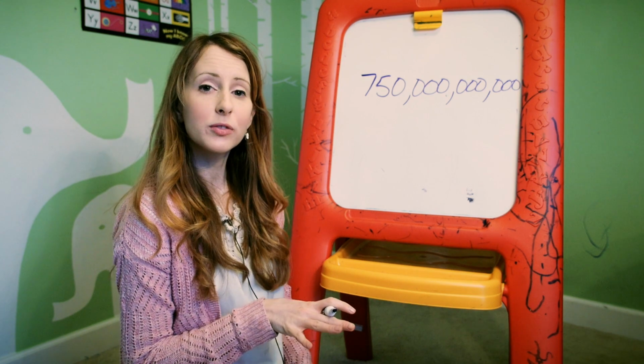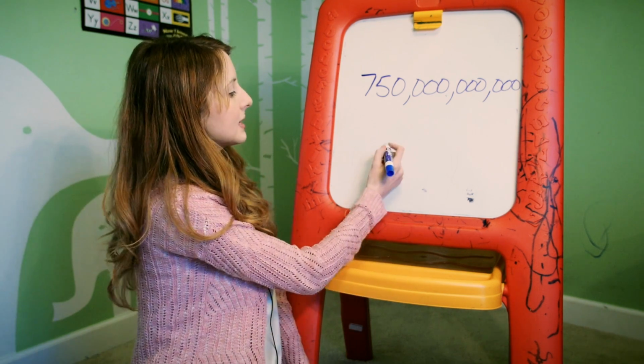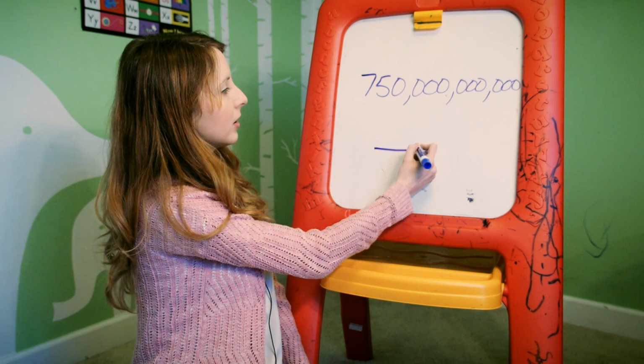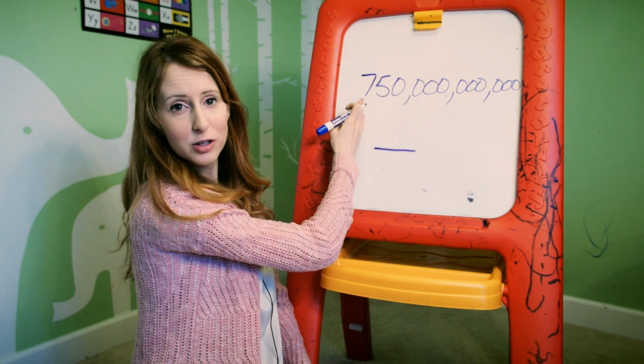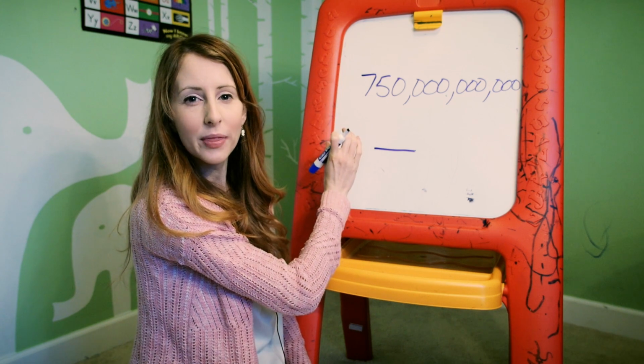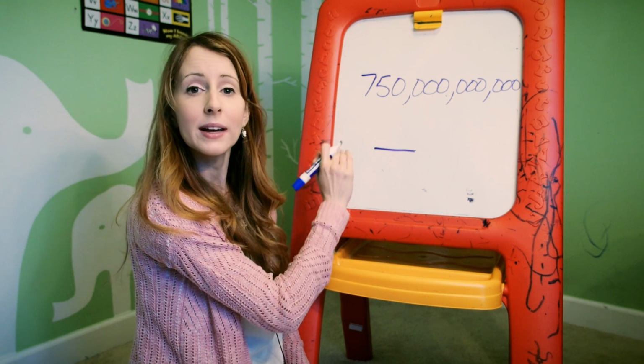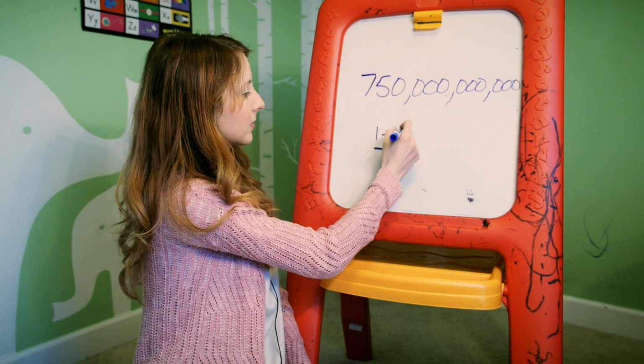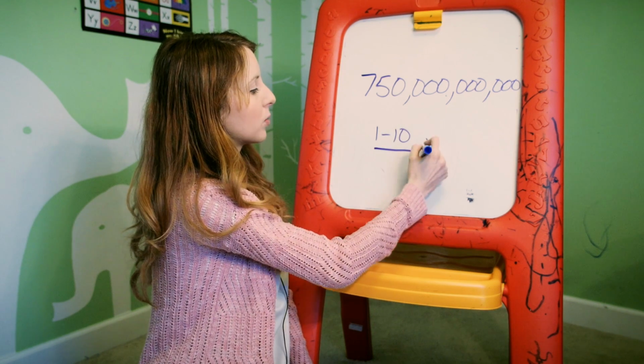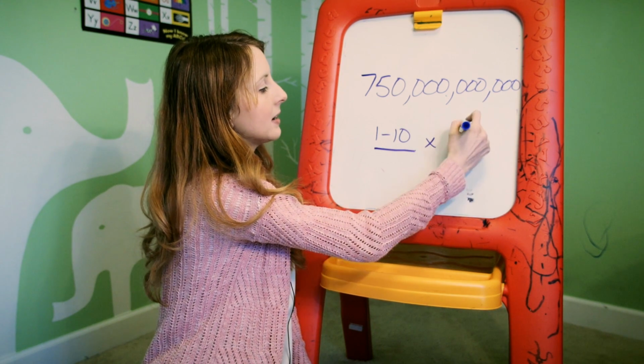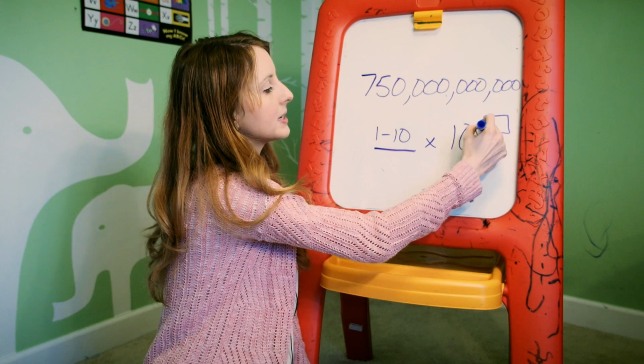Now, what you look for is you want to take a number from this rather large number, and specifically you want that number to be between 1 and 10. And then you're going to write it times 10 to a particular exponent.